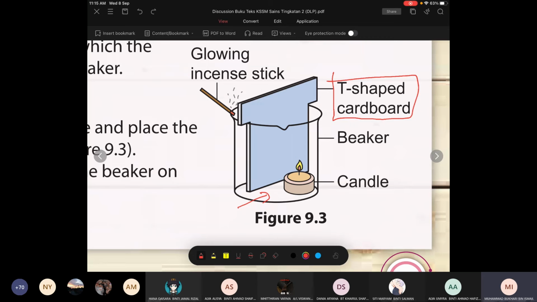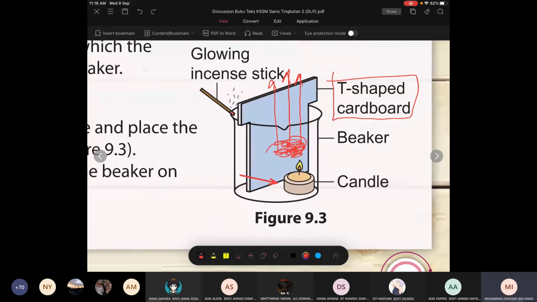What happens is when the candle is lit, we have heat energy around this area, and it heats up the air around here. So the air around here will rise because the density decreases. So it will leave an empty space there. So the air from the other side of the T-shaped cardboard will flow towards this side.